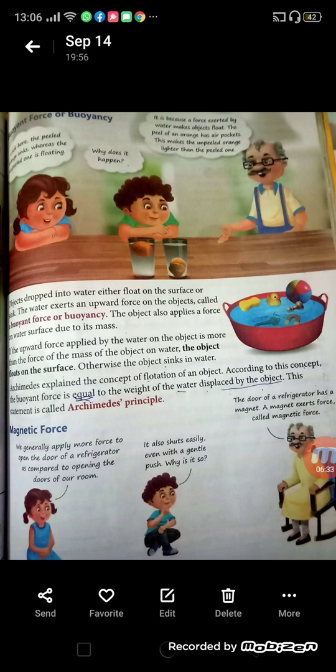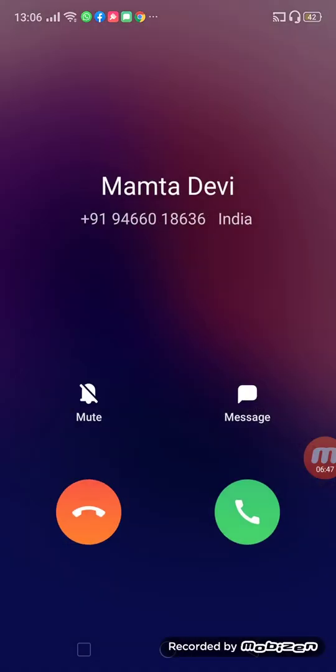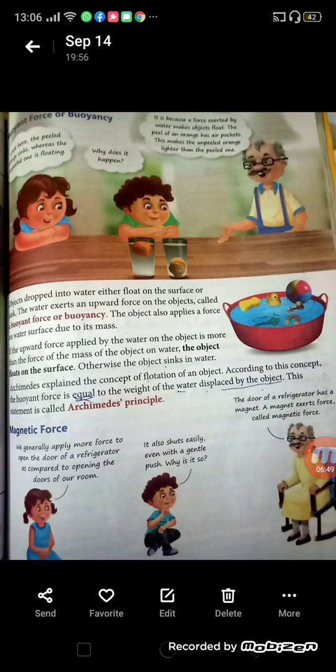When you open the door of a refrigerator, we have to apply more force as compared to opening the door of a room. It also shuts easily even with a gentle push. Why is it so? Because the door of a refrigerator has a magnet.